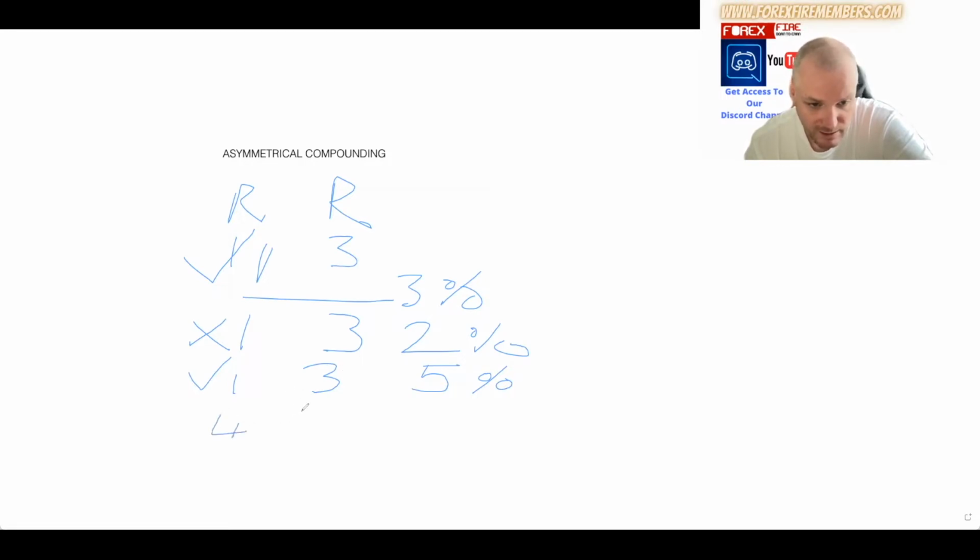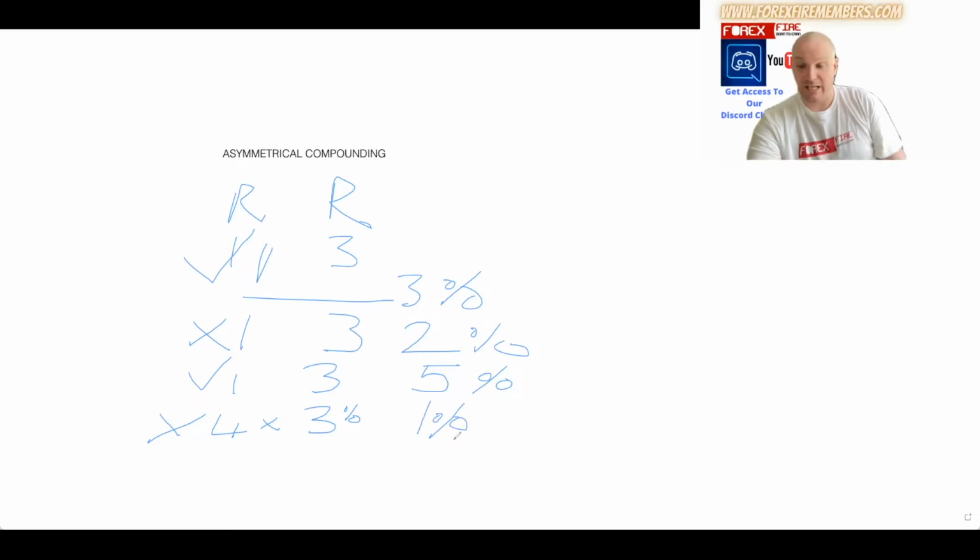Okay. To your ratio of your 3% gain. Okay. So it's 4 times your 3. Let's say that one lost. Okay. Let's say it lost. All that does is it brings you back down to a 1% gain.